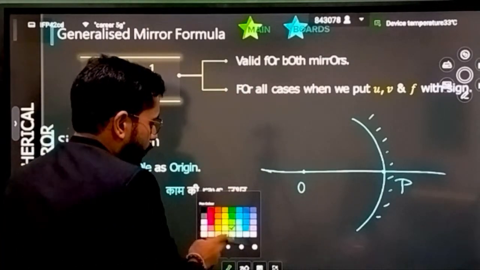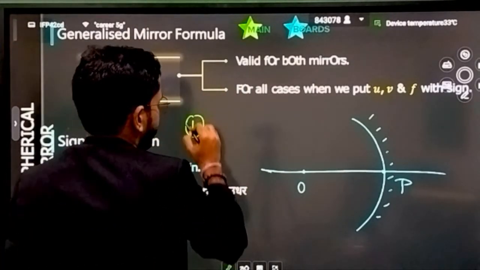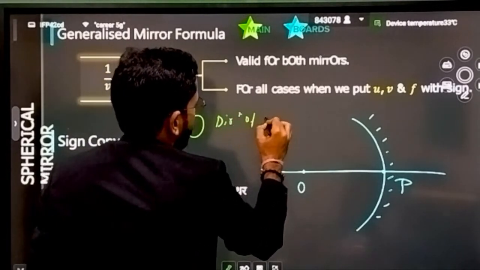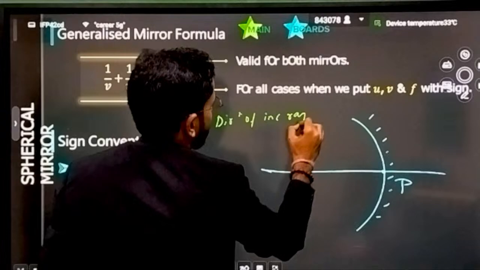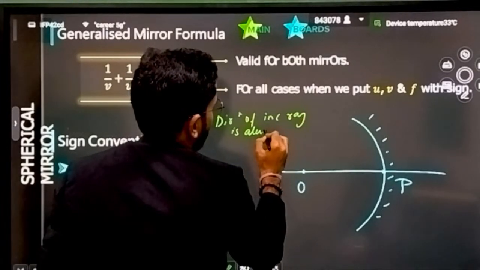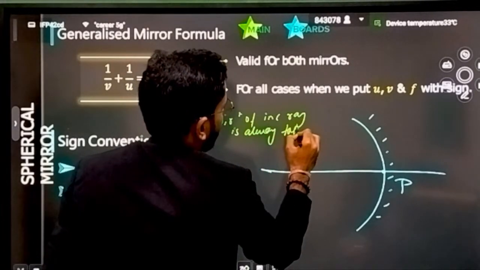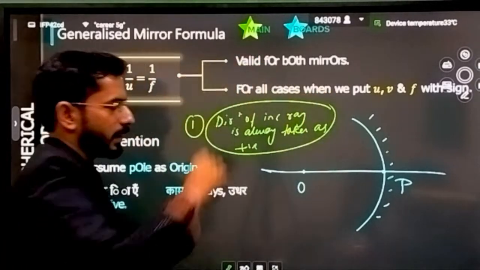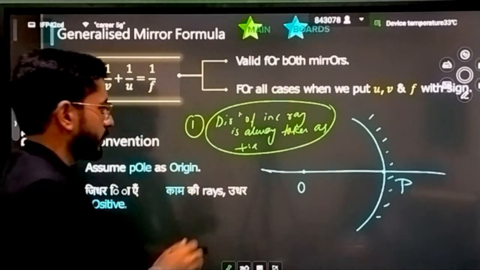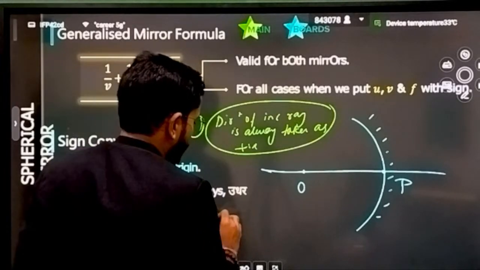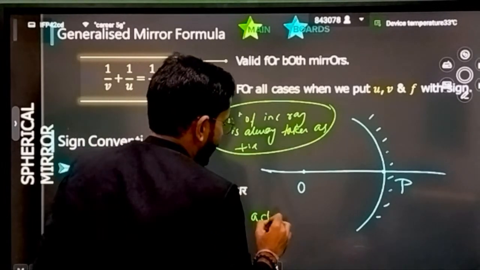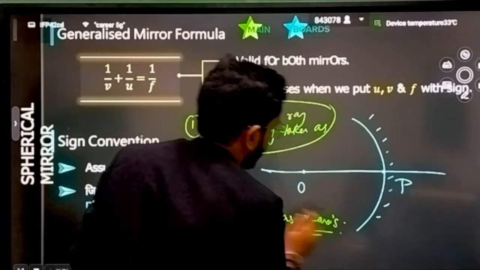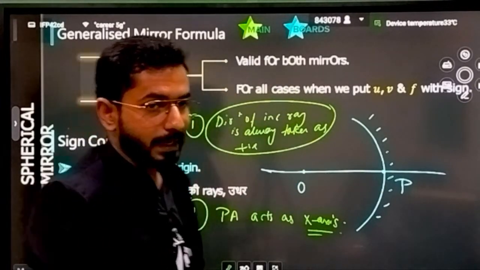Actually, two things that you have to always remember. The direction of the incident ray is always taken as positive. The second thing you have to remember is that the principal axis acts as the x-axis.